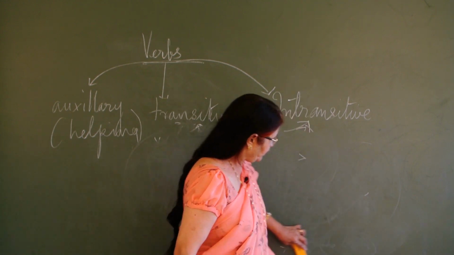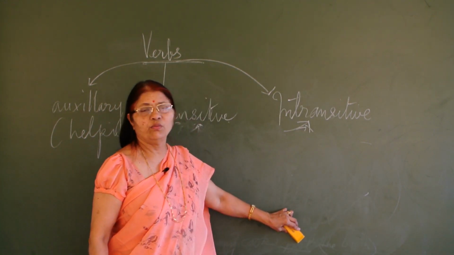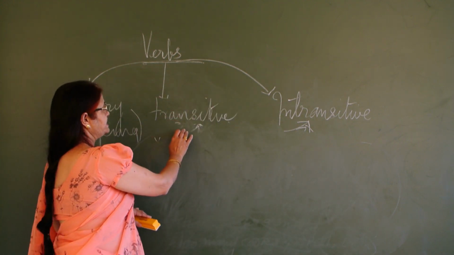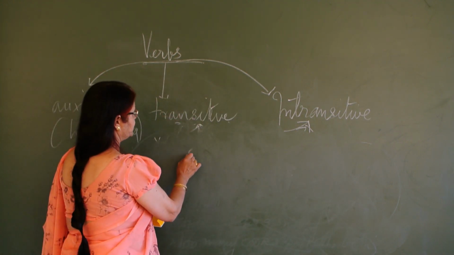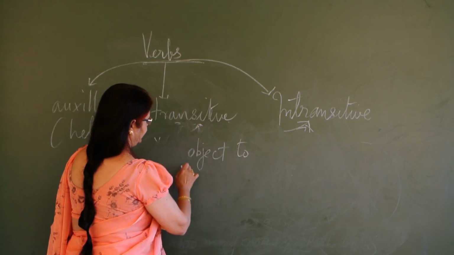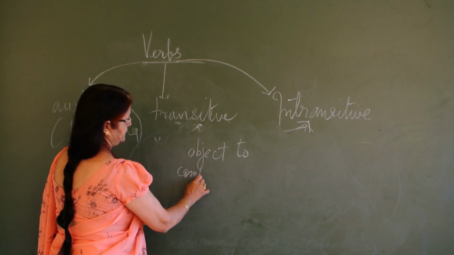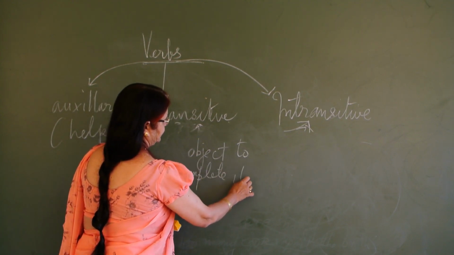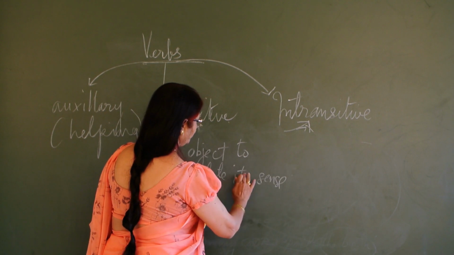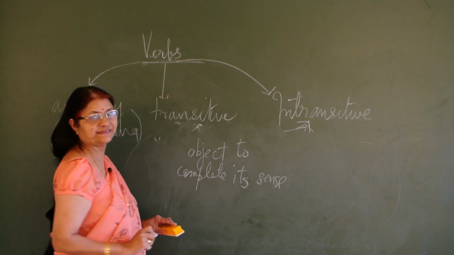So, now I hope it is clear what a transitive verb and intransitive verb is. Transitive verbs require an object to complete its sense. What sense? Whose sense? The sentence.